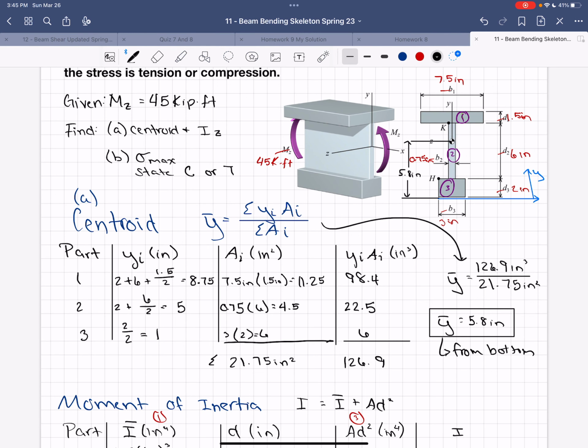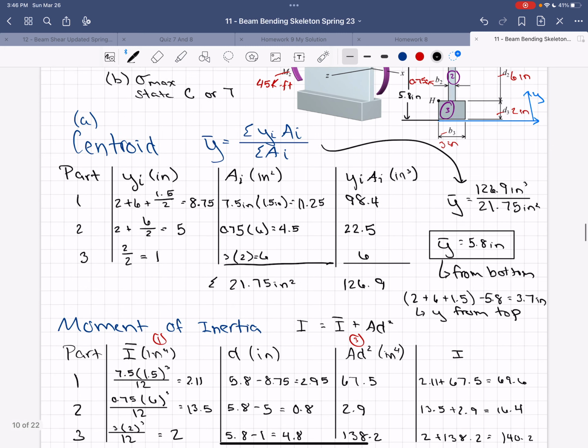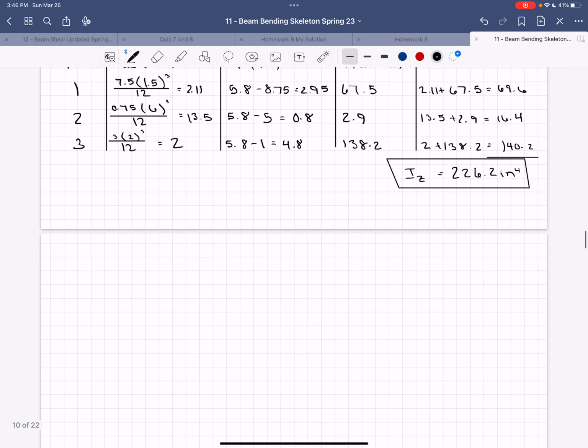So the total y, we could take 2 plus 6 plus 1.5 minus 5.8, and we get 3.7 inches. So this would be y from top.